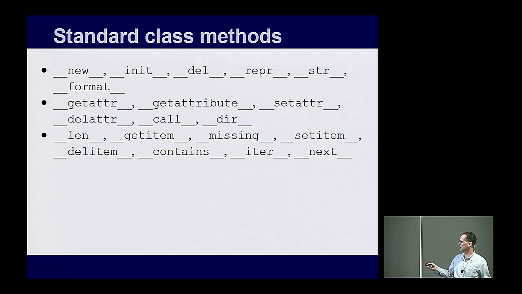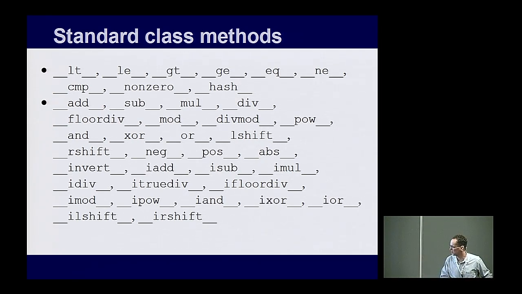A whole bunch here are related to in, not in, I think is that one. Iterators, which we'll look at briefly in a bit. Next is related to iterators. Setitem, getitem, delitem are related to access with square brackets, so the things lists would use. Then we've got a whole bunch of math ones.